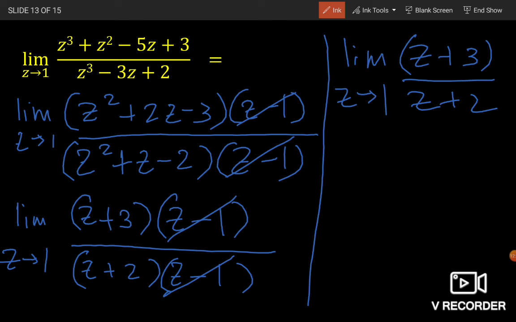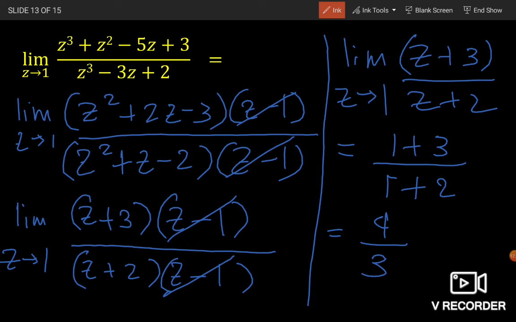Now, we can substitute z equal to 1. So this is equal to 1 plus 3 all over 1 plus 2. 1 plus 3 is 4 and 1 plus 2 is 3. So the final answer, ladies and gentlemen, is 4 divided by 3.